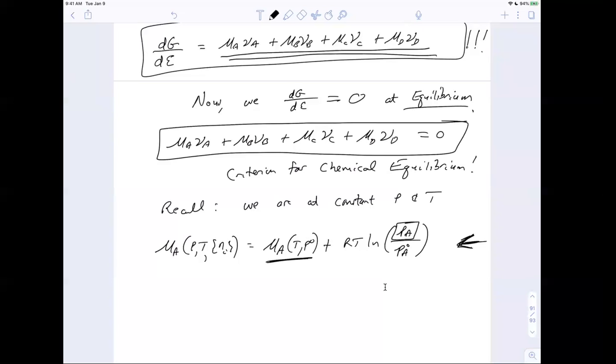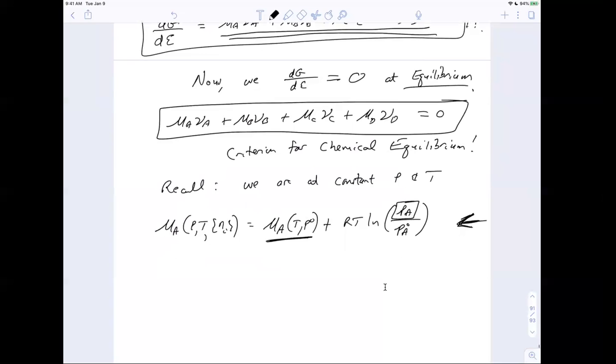Now we can write this in a shorthand form as mu A with the superscript indicating that this is at this P sub 0 pressure, and at the temperature of interest. So we'll just write that so we don't have to keep writing the P. And we'll just let this be the same. We're not going to change that. P sub A over P sub A superscript 0. And that's the chemical potential of A at the conditions that we're interested in for this chemical reaction.